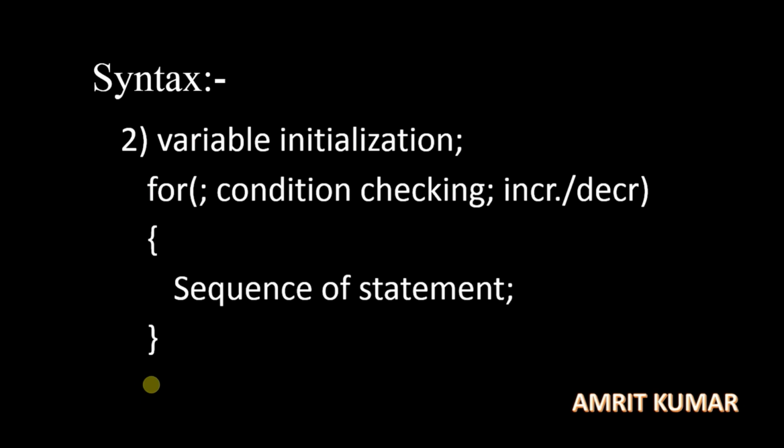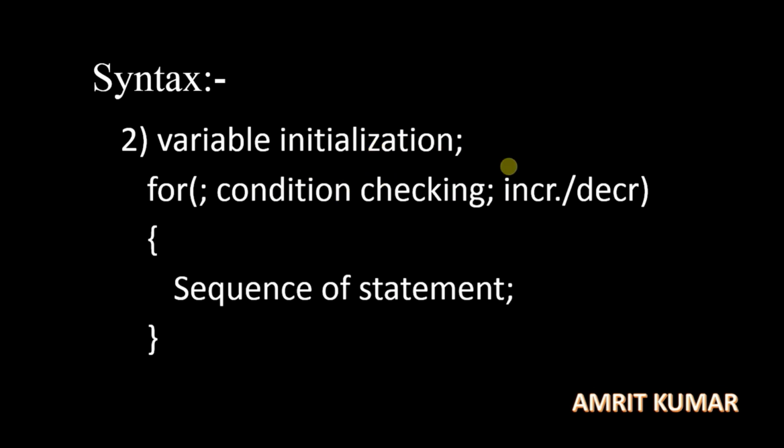Now let's look at another way we can use the for loop. Here is the variable initialization. For this variable initialization, you must use the semicolon. This is another way of using the for loop in C language.